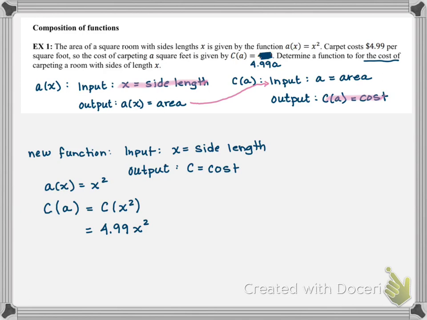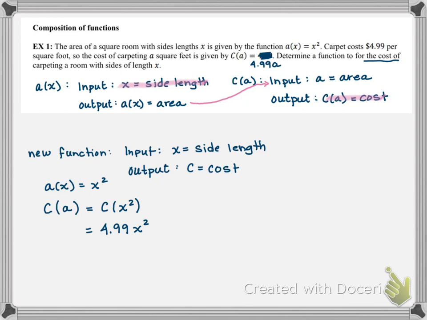So it kind of makes sense. If you think about it, if you have a room with side length x, you would say, okay, the area is x squared, and then multiply that area by 4.99 to get your total cost, right? So we're just doing that now. This function gives us a way to do that all in one step instead of evaluating one function and then evaluating a second function.